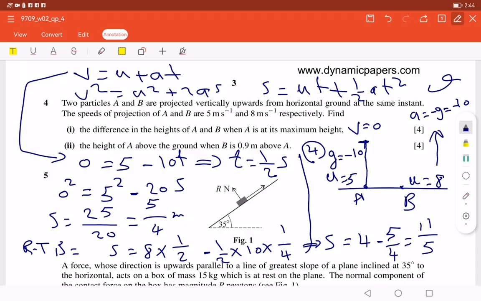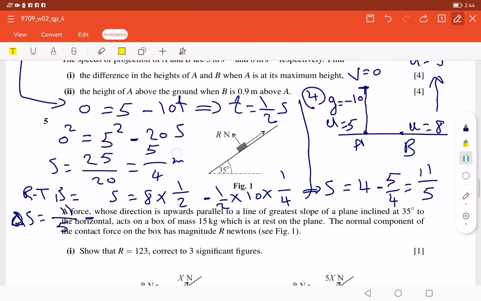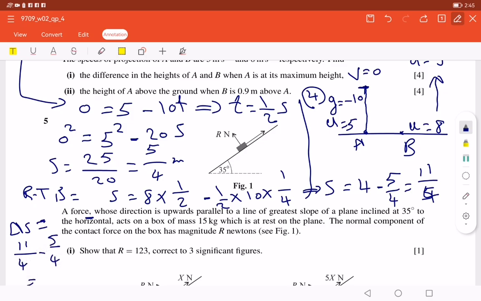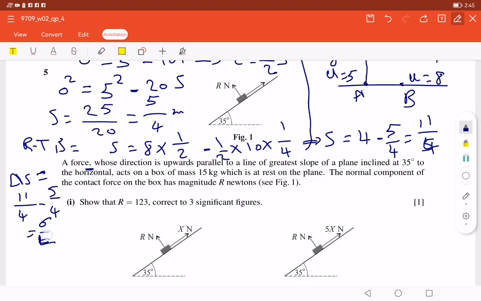So the difference of heights, delta s, equals 11 over 4 minus 5 over 4, which is equal to 6 over 4, which equals 3 over 2, which is equal to 1.5 meters.